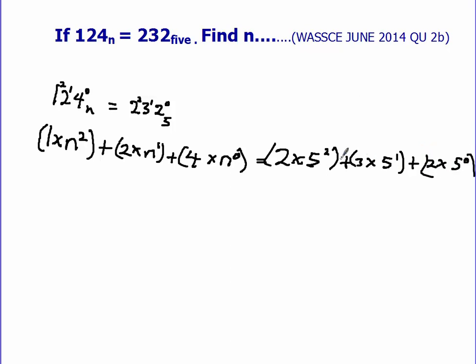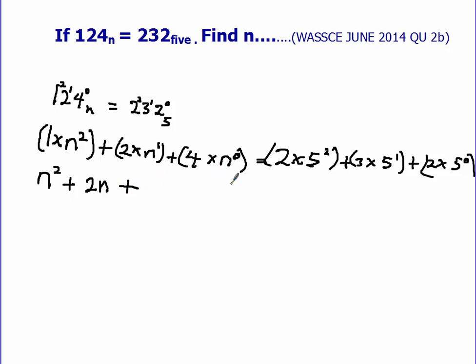Then the next thing, of course, is to expand to remove the brackets. So 1 times n to the power 2 is going to be n squared, plus 2 times n is going to give me 2n, plus, remember, any value to the power 0 is equal to 1.